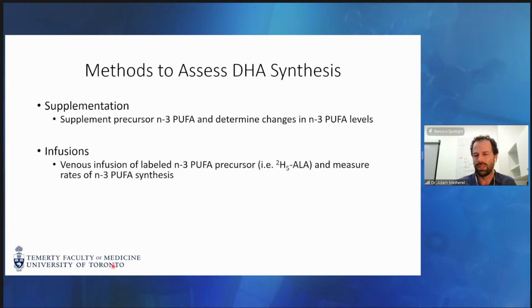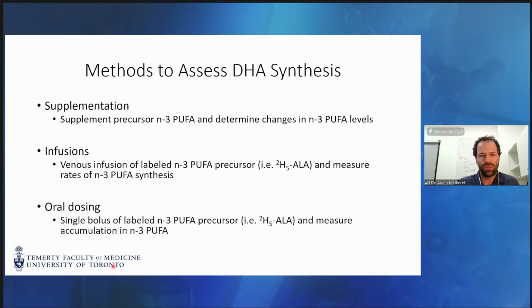And this has primarily been done in rodents with one fairly small study being performed in humans. And oral dosing studies, this is by far the most prominent isotopic type study in humans, where you provide a single dose of the labeled precursor and measure the accumulation of this, again, in downstream products, generally over days or perhaps weeks.